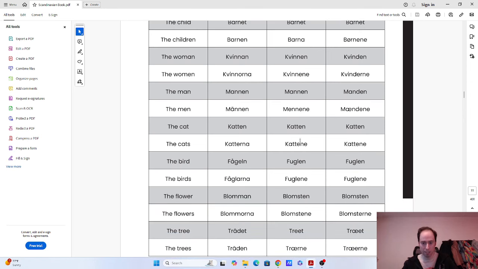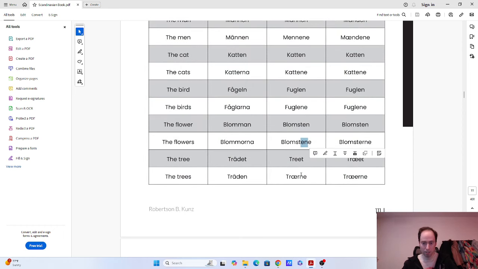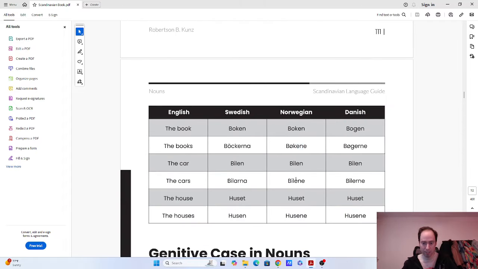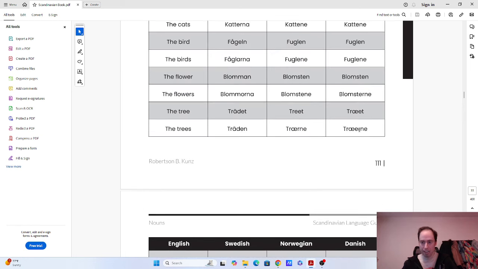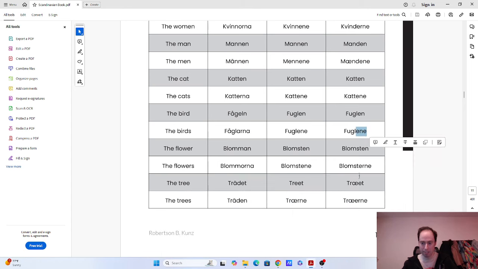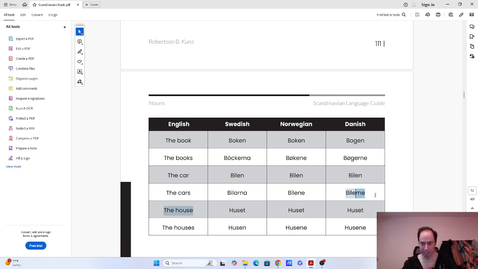This is a little different with the R and E, but for the most part, you'll see E and E. However, if you go to Danish, sometimes it's the E and E, but sometimes it's an ER and E. So where Norwegian was almost always ene, in Danish, sometimes it's erne and sometimes it's ene.